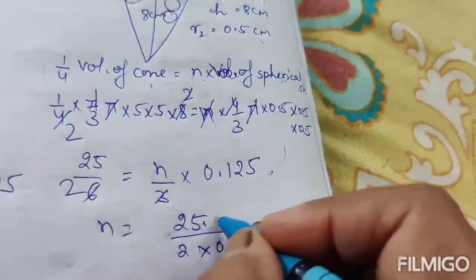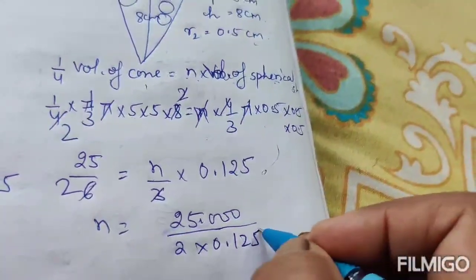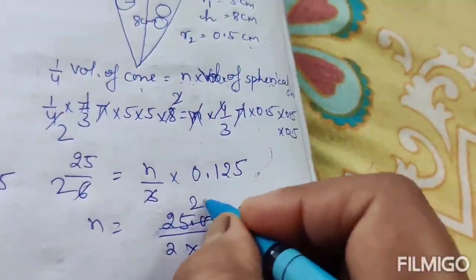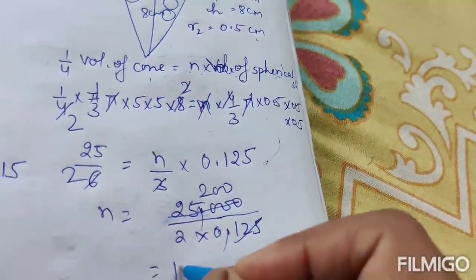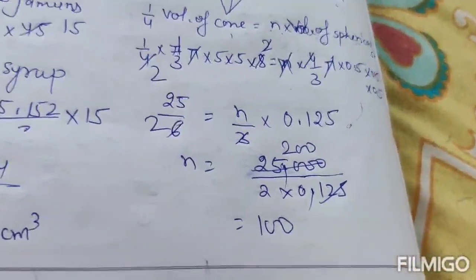Now decimal 25 to the 200, decimal cancel, equal to 100. The number of spherical shots equal to 100.